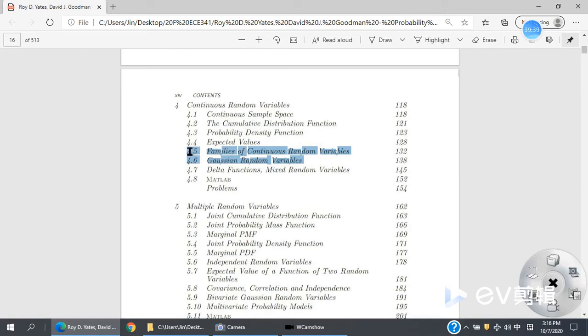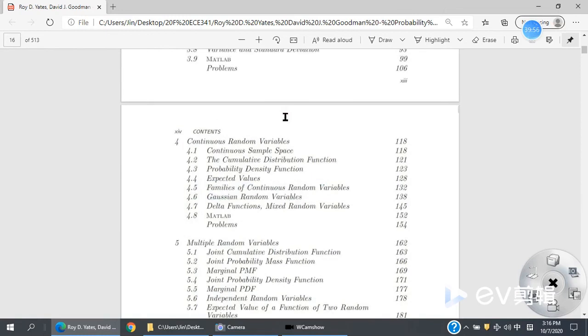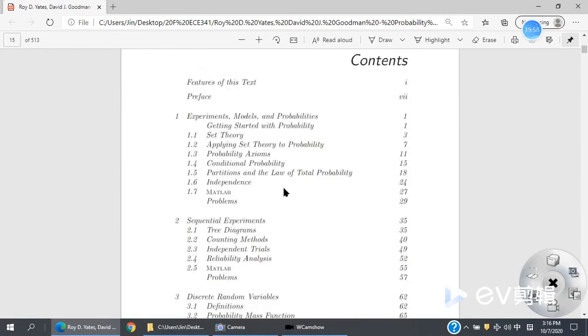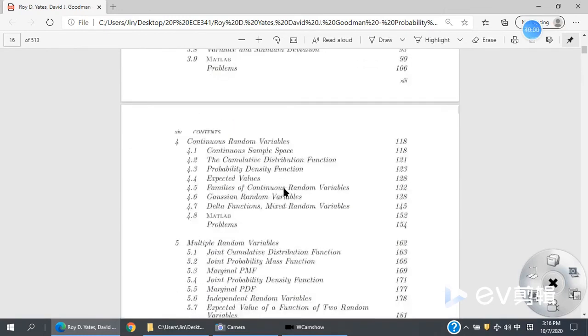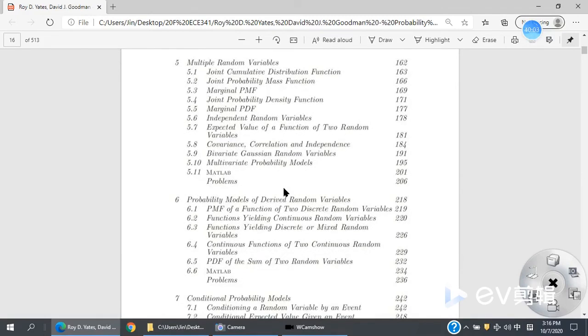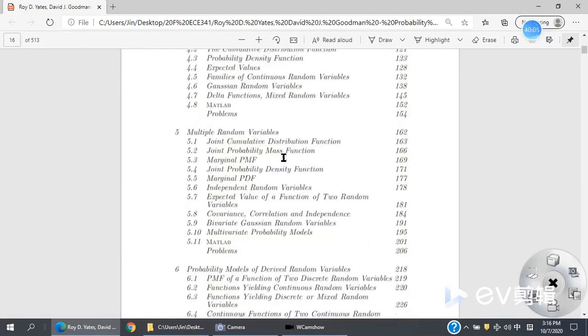So in these two sections, you can see the details of each kind of random variable, all at the same time. But for the discrete case, the information is separated in different sections. So you can also go back and find them in those sections.